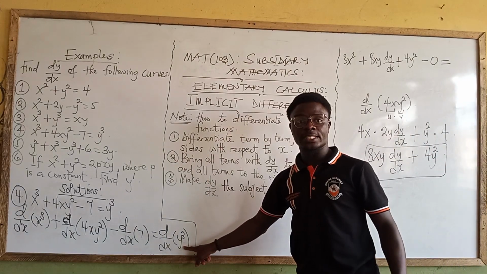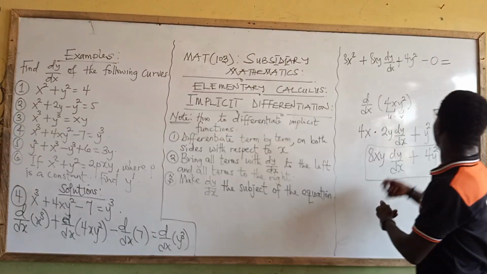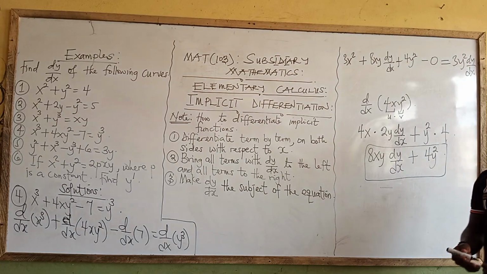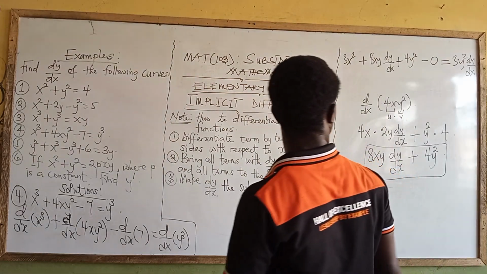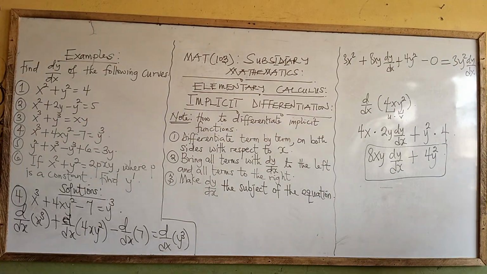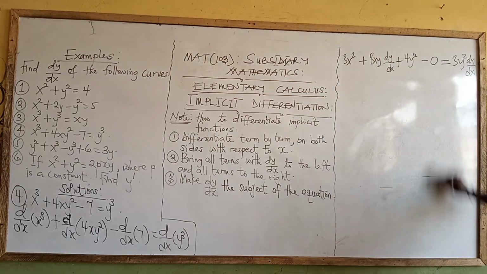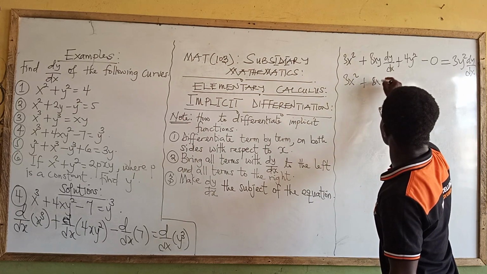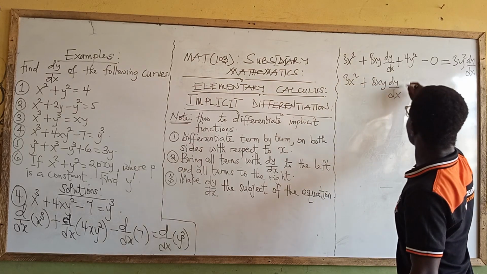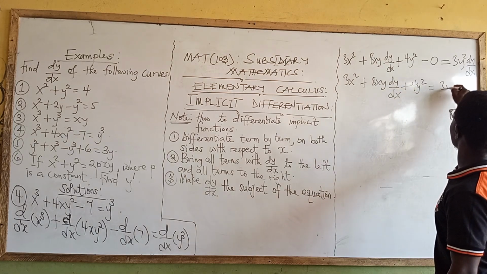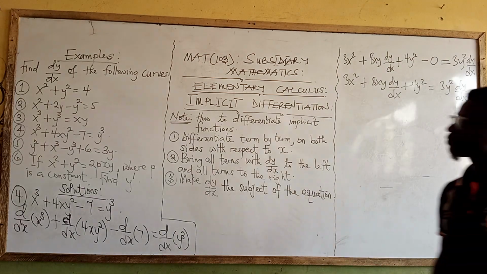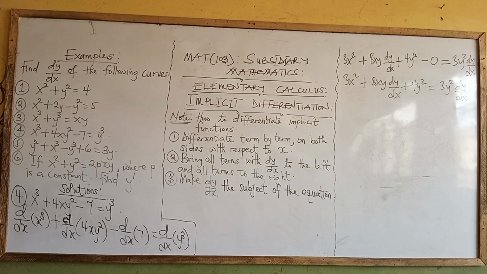I treat y cubed as a function of x, so I get 3y squared dy over dx. So let me clean this place. I have my 3x squared plus 8xy dy over dx plus 4y squared equals 3y squared dy over dx. Right, which is very simple and very trivial as well.